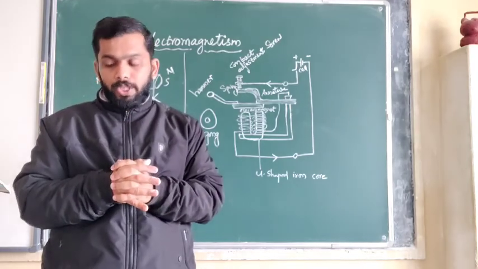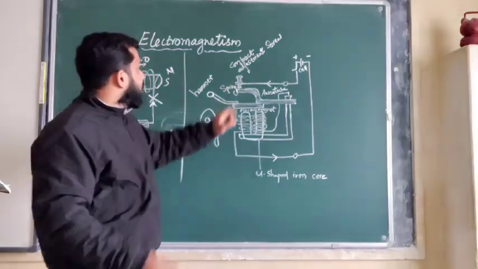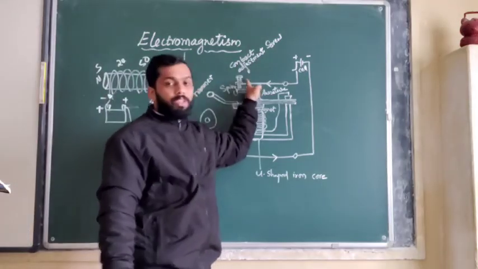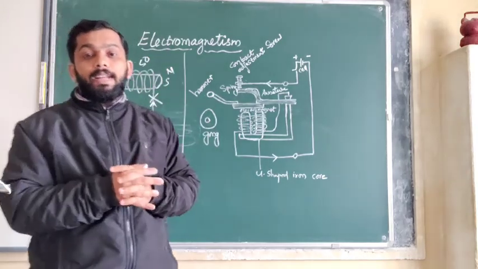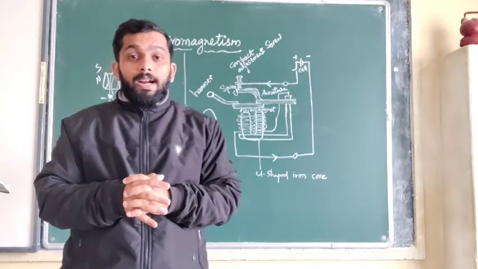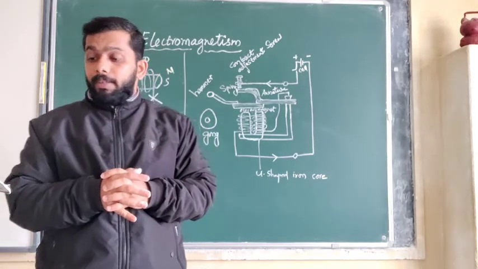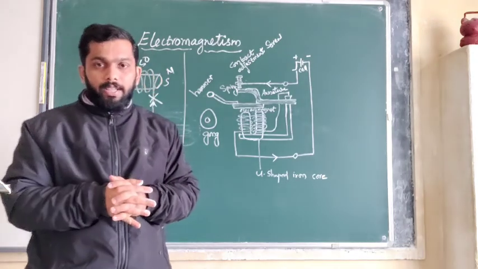Very important question. Now on page number 90, one contact adjustment screw is shown in the figure. What is the function of the contact adjustment screw? The first function is to control the frequency. It can increase or decrease the frequency.